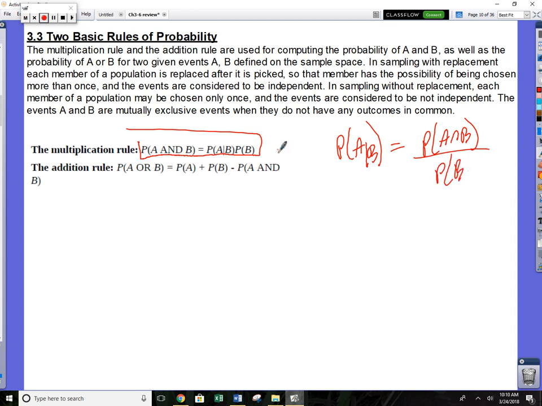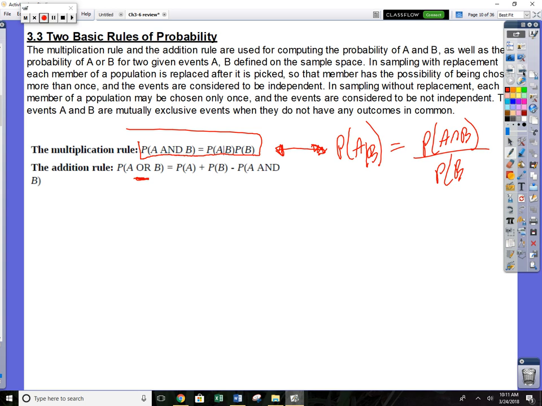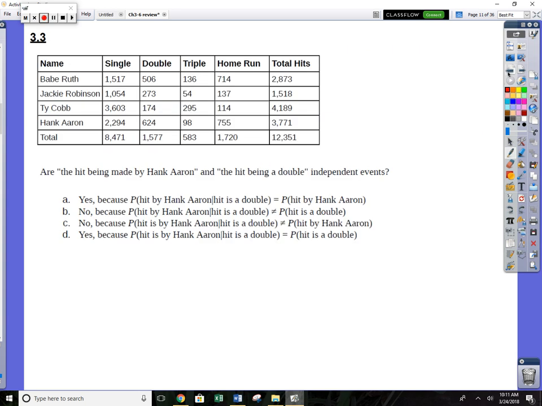So these 2 formulas are the same thing. They're just algebraically manipulated a little bit. And the addition rule, or, is easy. You just add them up, but then you've got to subtract the intersection. You always have to subtract the overlap, the stuff counted twice. Okay, so this is not bad.